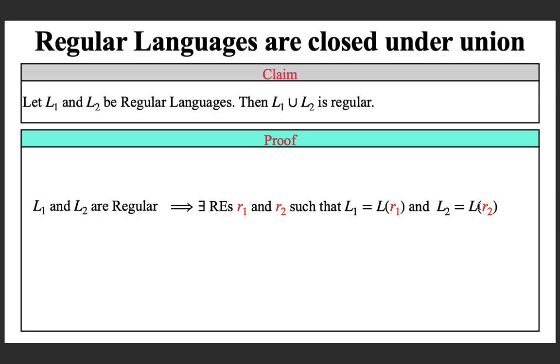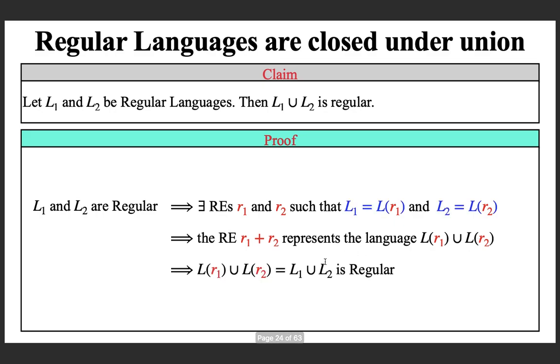Then from the definition of regular expressions, we know that R1 plus R2 is a regular expression representing the language which is the union of the languages represented by R1 and R2. This is what we know from the definition of regular expressions, which means this is regular because there exists a regular expression for this language.